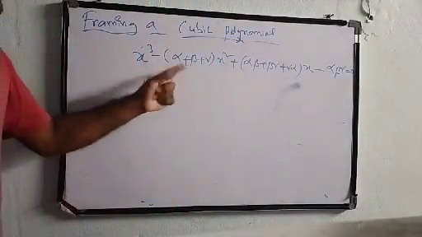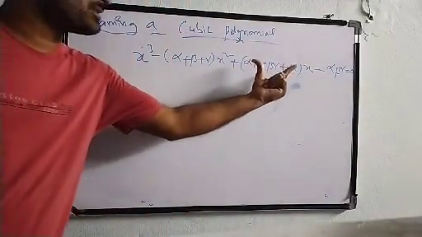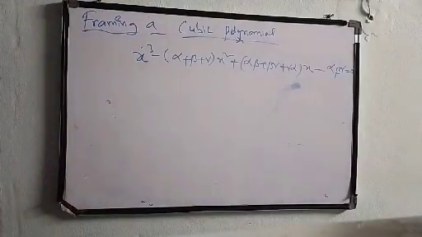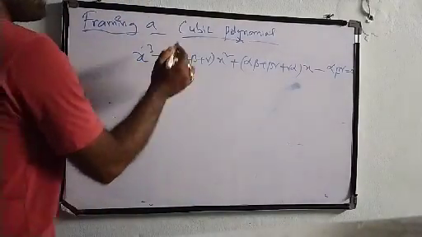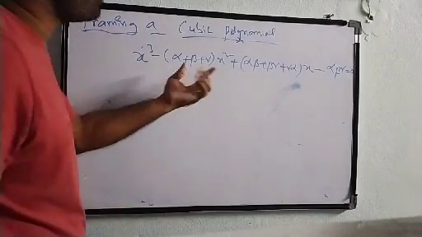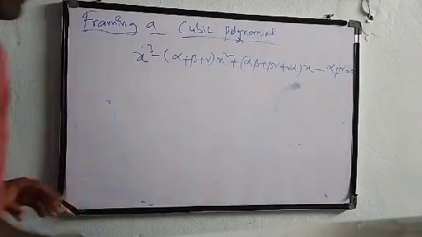So x cube minus the sum of the zeros, here the sum of the zeros taken two at a time, here the product of the zeros, equals 0. So this is framing a cubic polynomial. They will give alpha, beta, gamma values in the question. So we have to just substitute in this, and we'll get the cubic polynomial.